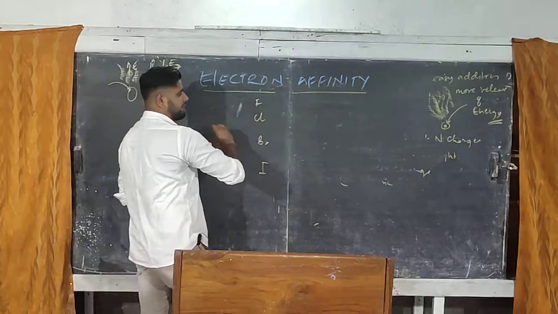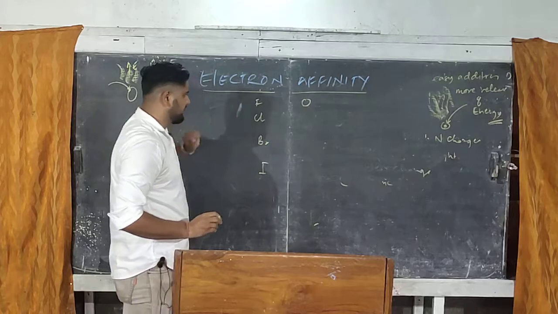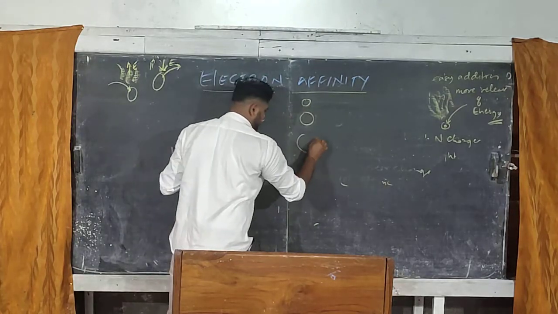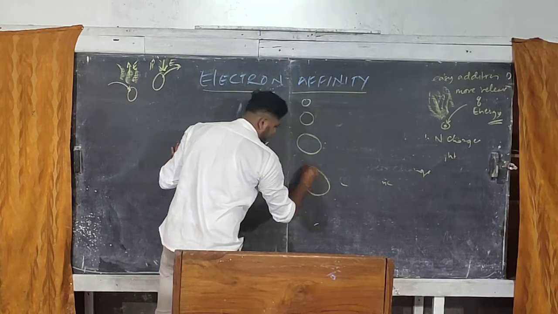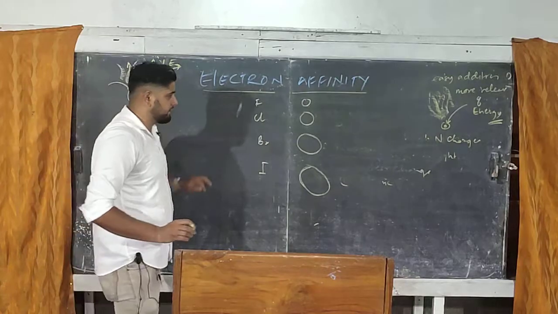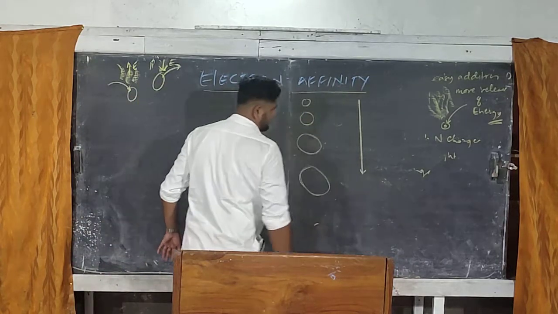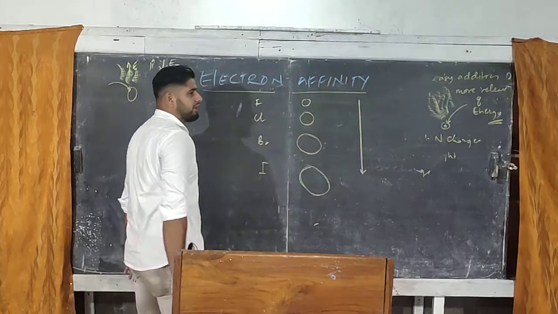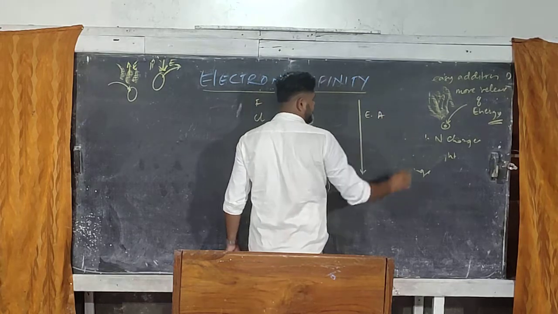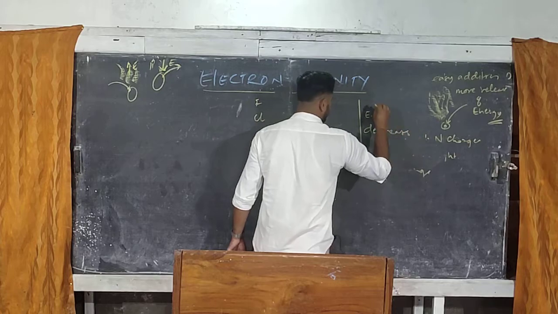Let us consider this is the size of fluorine, this is somewhat chlorine, this is bromine, this is iodine. I am explaining that, so why is there an exception? I told you just now, as we move from top to bottom in a particular group, electron affinity decreases. Yes or no?